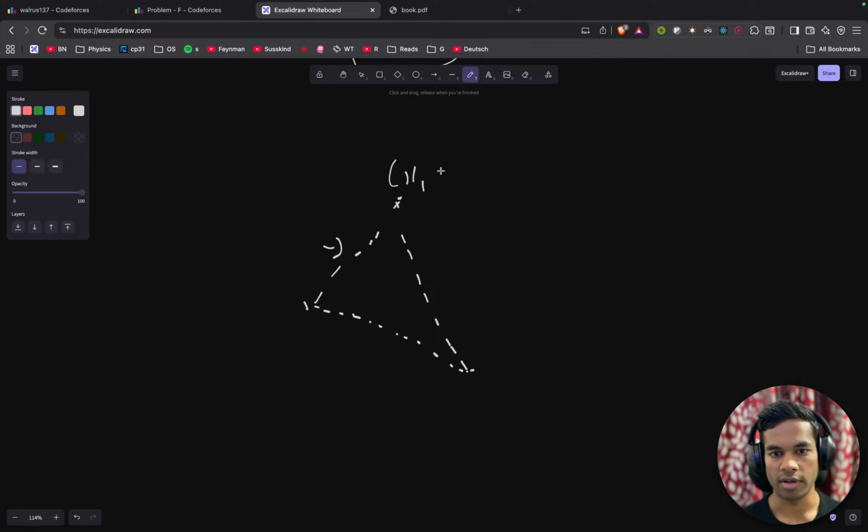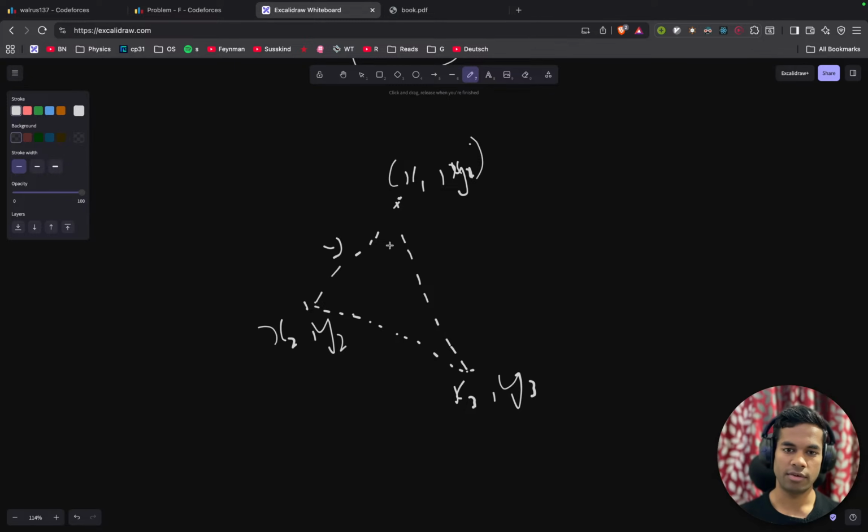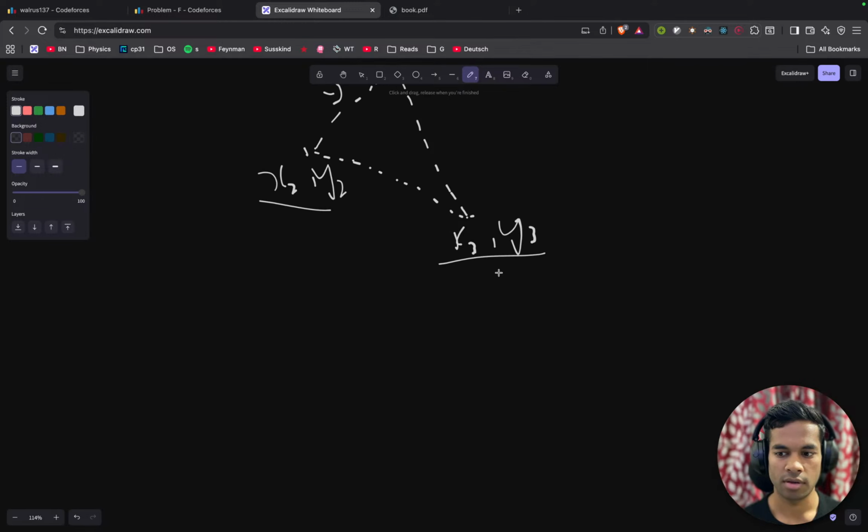If we have points x1, y1 and x2, y2 and x3, y3, there would be a direct way, but I guess I don't know it. So let's use Heron's formula where we need to have the sides.